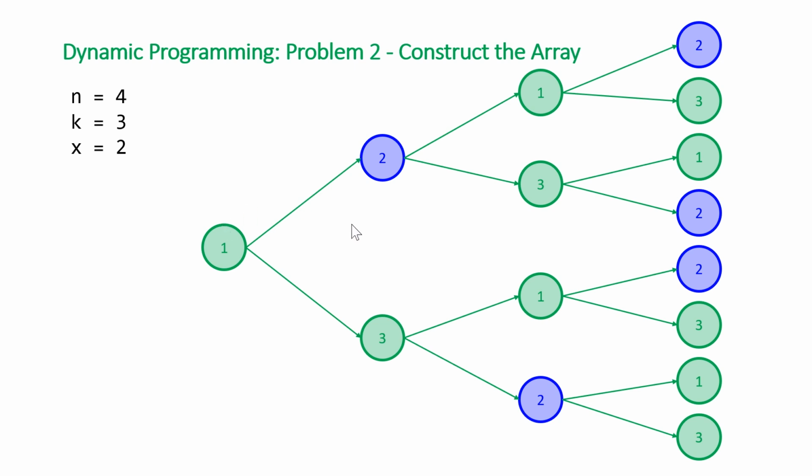And so the way we're going to do that is by classifying 2 different states, which are represented here by our colors. And these states are arrays that end in x and arrays that don't end in x. So we have 2 states. Ending in x is represented by the blue circles, and ending in values that are not x are represented by b.